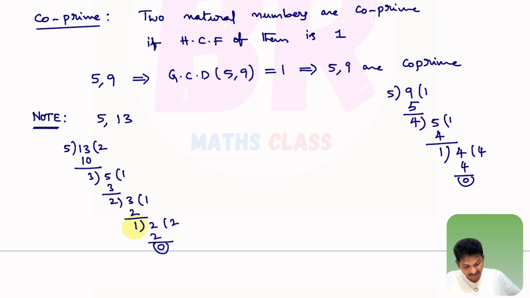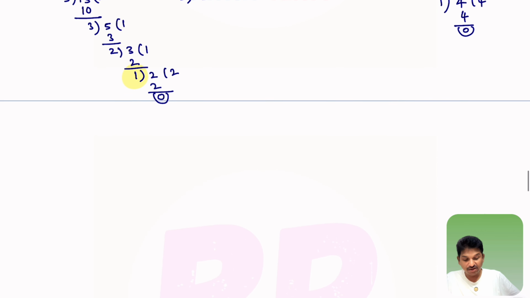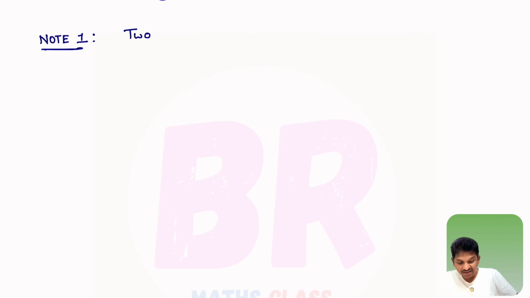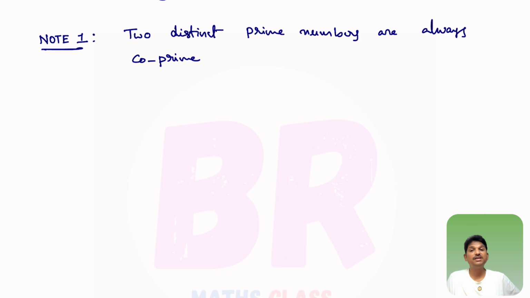The last divisor is the GCD, so the GCD of 5 and 13 is 1. So 5 and 13 are coprime. The point I am trying to say is that two distinct prime numbers are always coprime. You can take any two distinct prime numbers and check their highest common factor, and you will get 1 only.